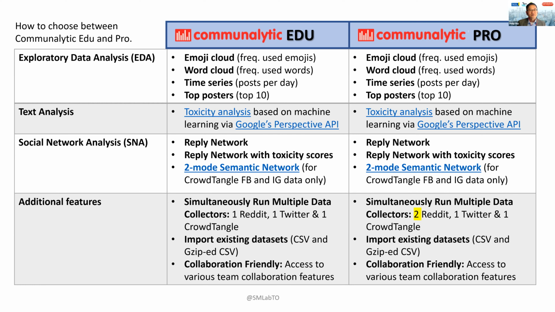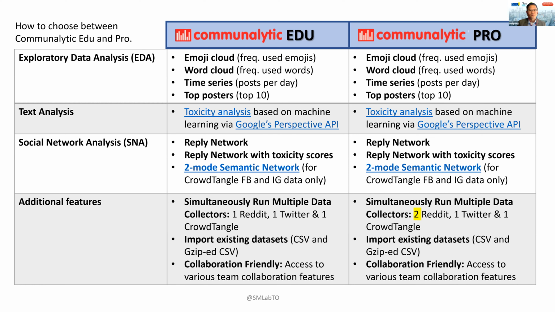And in some of the later sessions, we're going to be going over how to also conduct social network analysis and how to create a reply network with toxicity score, and also a two-mode semantic network for CrowdTangle, Facebook and Instagram data. Some additional features: with Community, you can run multiple data collectors at the same time.